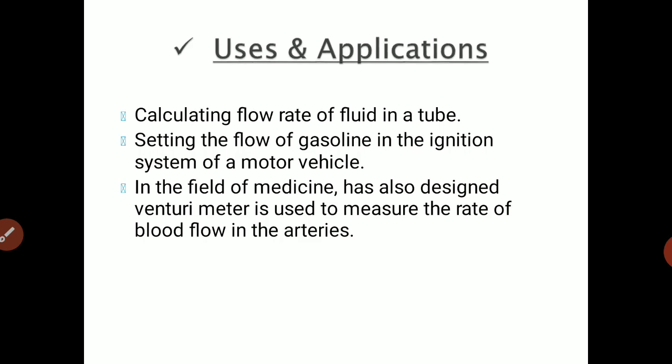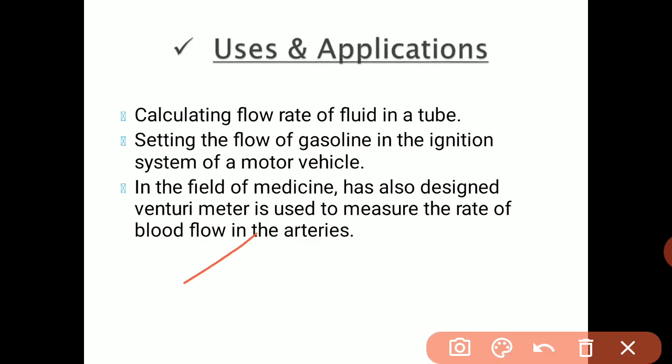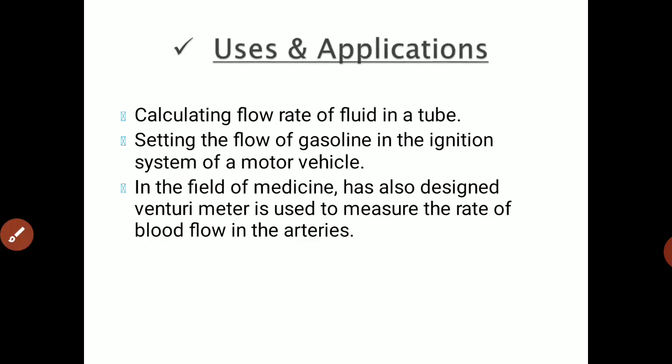Since it uses the principle of convergent and divergent throat, we can avoid cavitation if there are high intensity pressures, and we can make the flow steadier. In the field of medicine, the venturimeter is also designed to measure the rate of blood flow in the arteries. This is the main application of the venturimeter.